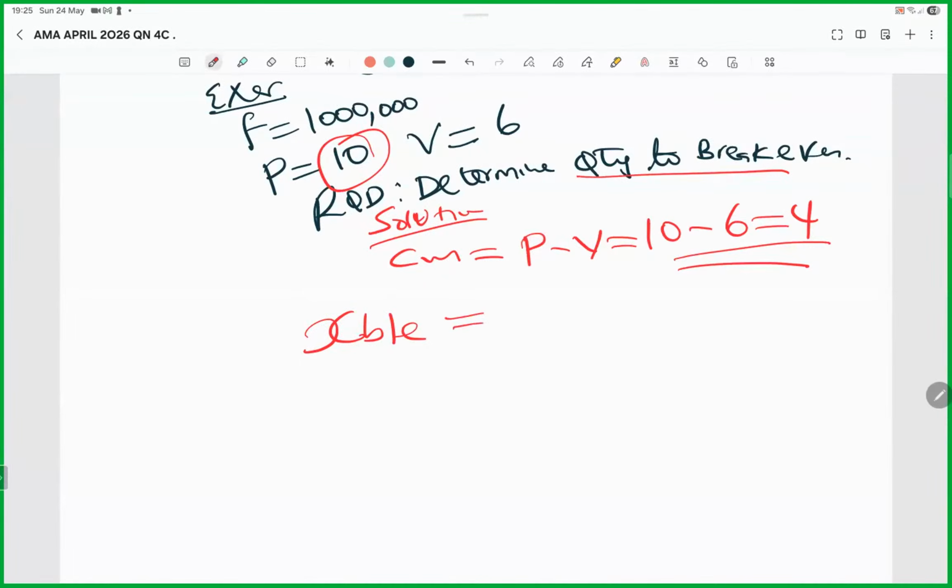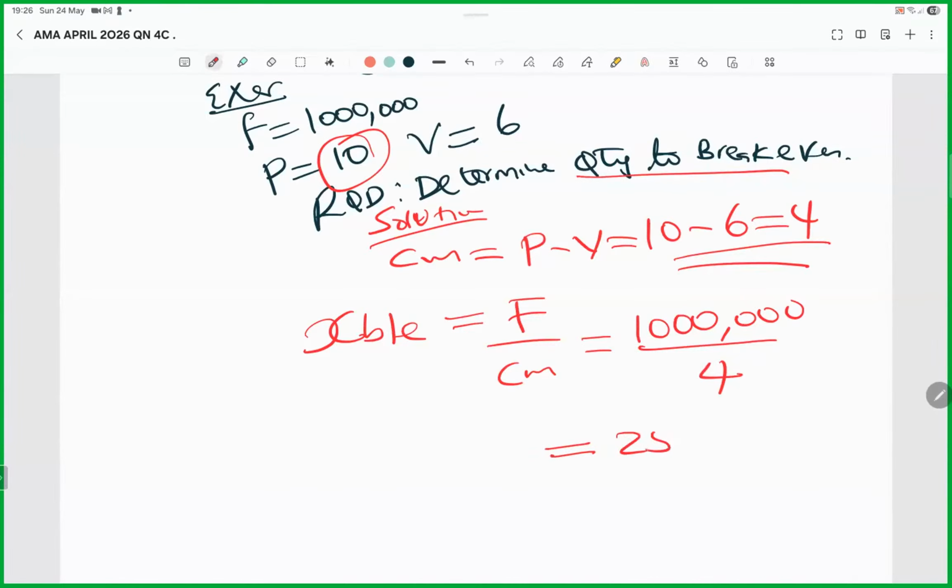To get this quantity, I will take fixed cost over CM. The fixed cost of the farm is 1 million divided by CM, which is 4. That is what they did to get 250,000 units. If they want to break even, they must sell goods worth 250,000 units. Very important. So this is exercise number 1.